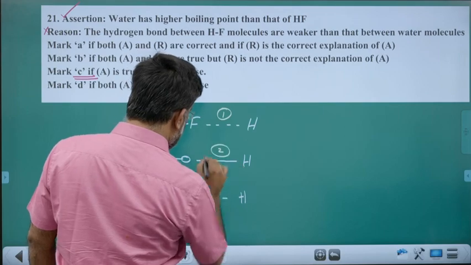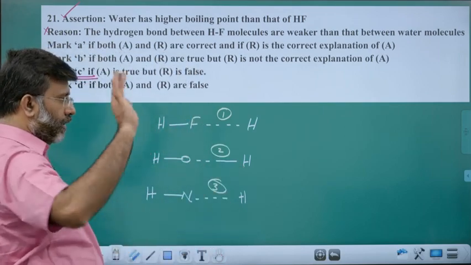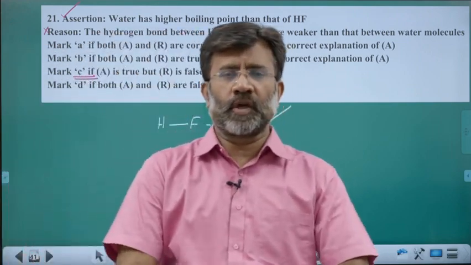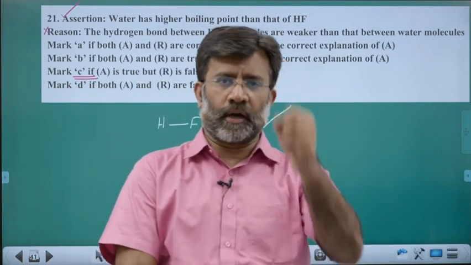When you compare the three, no doubt HF is the strongest one, because fluorine is the most electronegative element in the periodic table, and therefore that hydrogen bonding will be stronger.